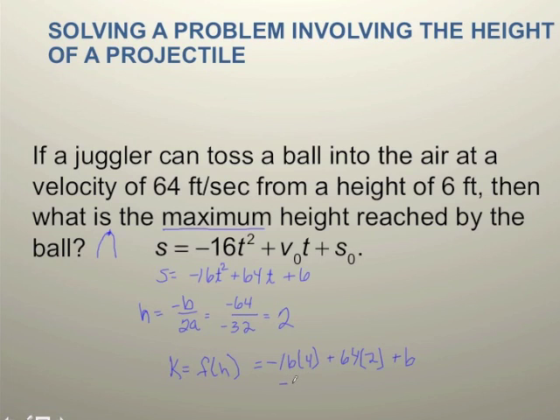So it'll be negative 64, positive 128, and positive 6. This would be 64 plus 6, or 70. And the maximum height reached by the ball is 70 feet.